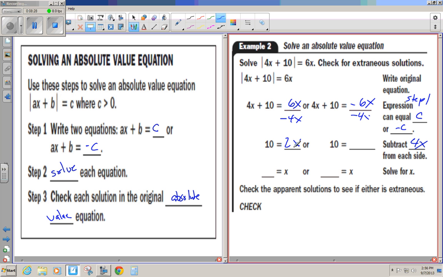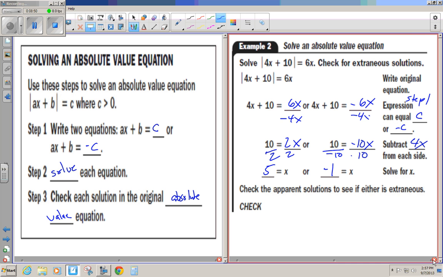That's going to give you 2x, or it's going to give you 10x. You divide by 2. x is either 5 or x. Here you divide by negative 10. 5 or negative 1.